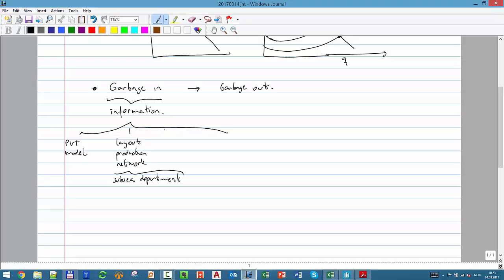The information about the reservoir, we get from the reservoir engineer, and the information about the well, we get from the drilling and completion engineer.